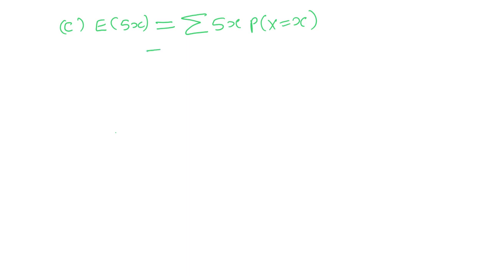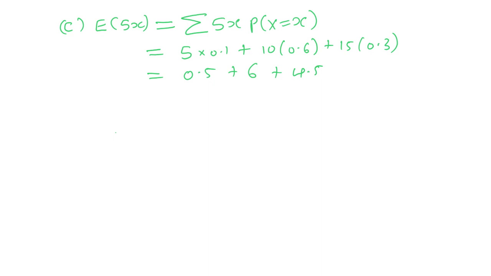So for x equal to 1, we have 5 times the probability, which is 0.1, plus x equal to 2, that will be 10 times the probability, which is 0.6. Then x equal to 3, we shall have 15 times 0.3. What do we get? 0.5 plus 6 plus, 15 times 0.3 is 4.5. So if you add, that's going to be 11.